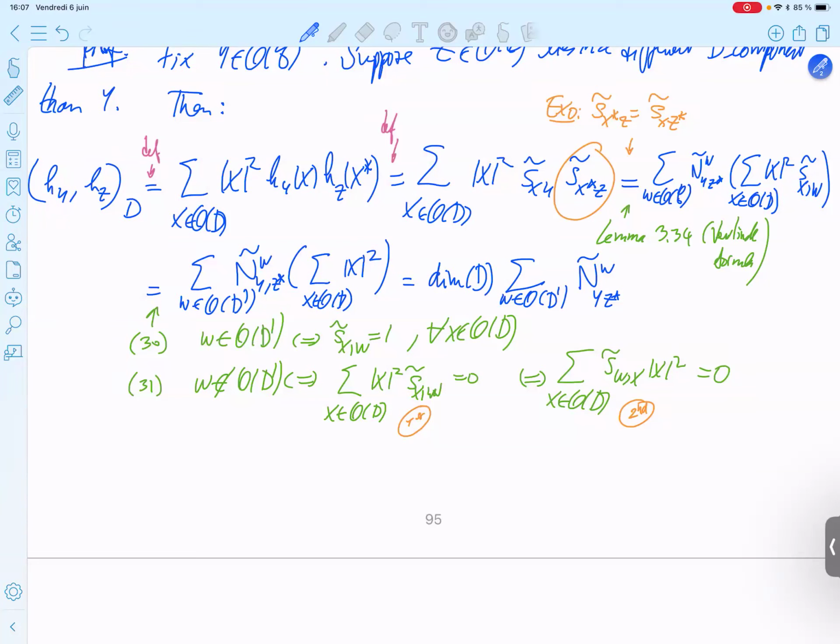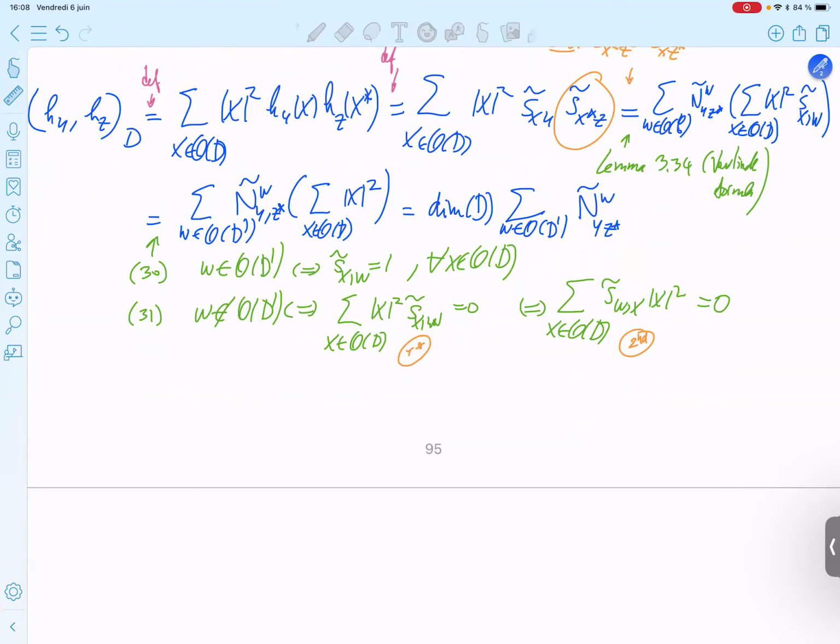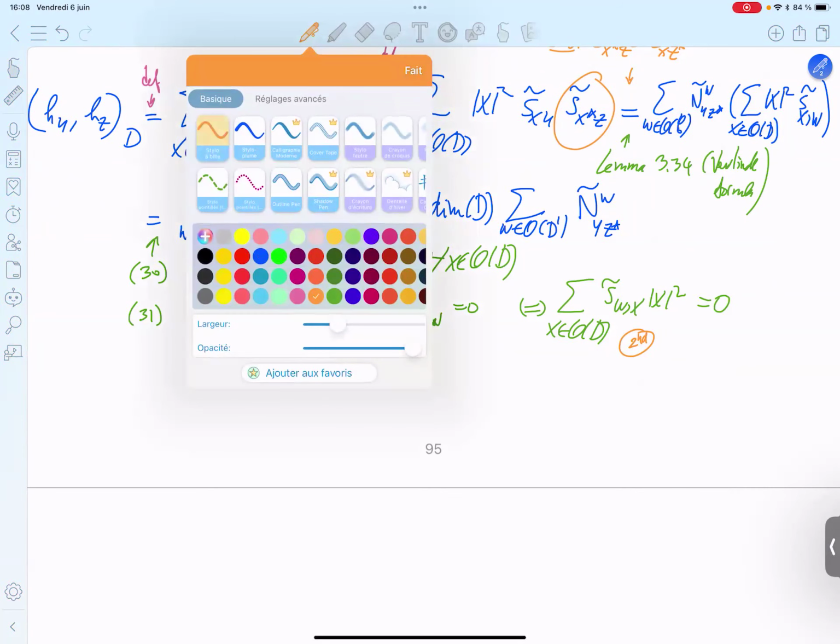What do we want? So we know this is equal to 0. Remember yesterday we said that... let me write maybe this column.